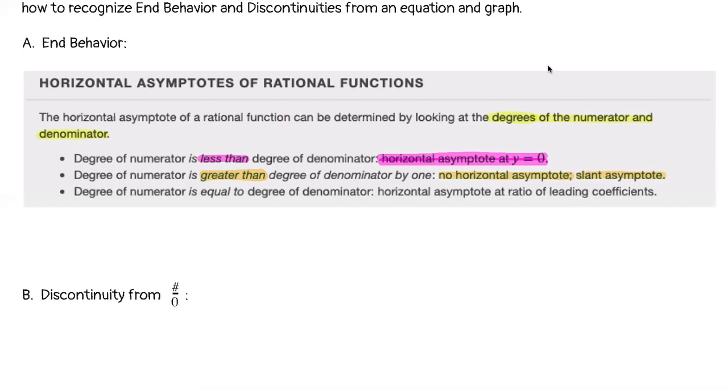I just want us to know that if the power on the top is bigger than the power on the bottom, then you're going to end up with no horizontal asymptote. And yes, Yithan, a slant asymptote is the same as an oblique asymptote. Some of you might have heard that word before, that this is also called an oblique asymptote.